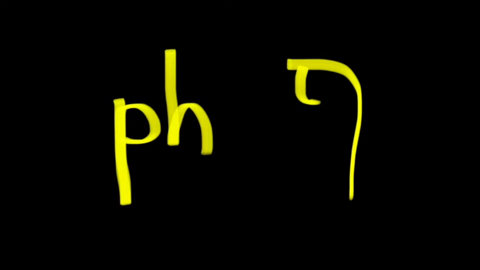With a dot, it's a P. Without a dot, it's a P with a line, or with an H. And Sade is either an S with a dot under it, or TS.